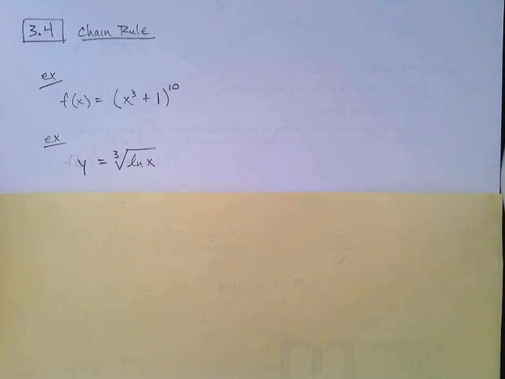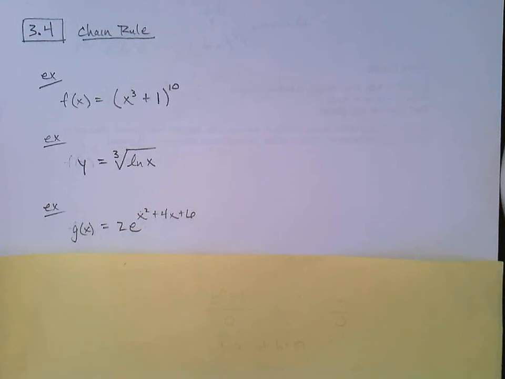But we will be able to take that derivative fairly quickly. And we'll see this one as well. g of x equals 2 times e, and e is raised to that entire polynomial. So that's e raised to the x squared plus 4x plus 6. We will be able to perform that derivative very quickly with the chain rule.